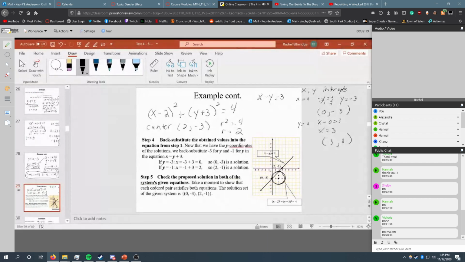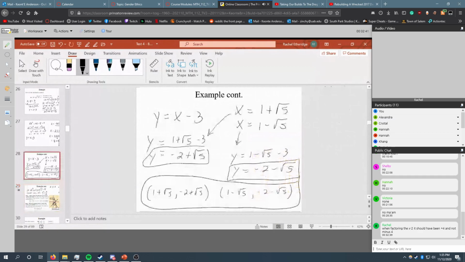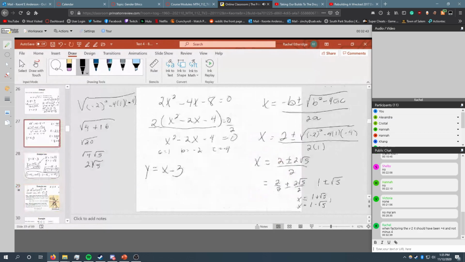So that means I did do something wrong in my problem because this was the solution. The solution was 0, negative 3, and 2, negative 1. So did anybody find an error in my work up there? Because I had to have made an error. Looks like I would have checked that. I didn't realize I already had the solutions down.